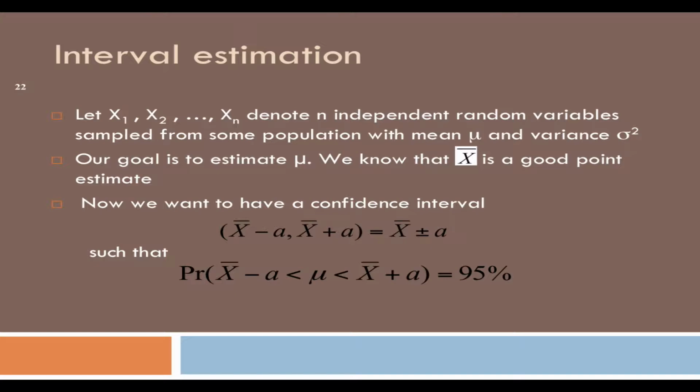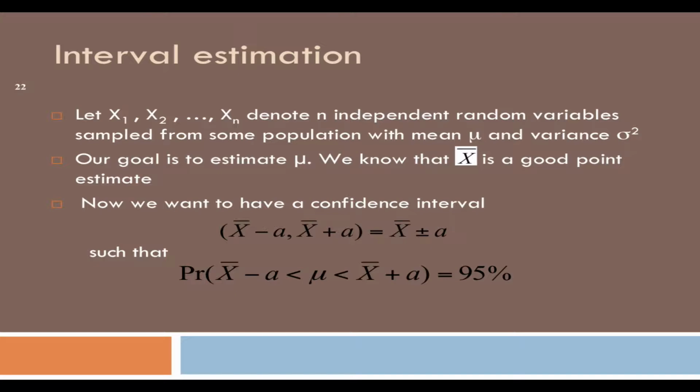However, we want a confidence interval, x bar minus and plus a, such that there is a 95% chance that the population mean lies in this interval. So this is the definition of an interval estimate.